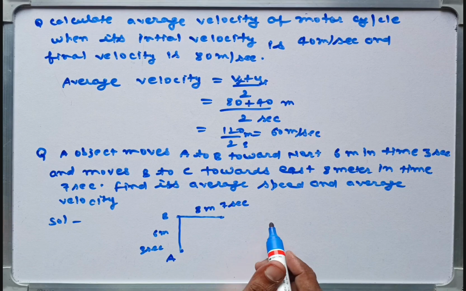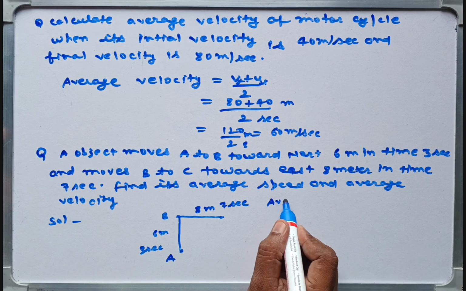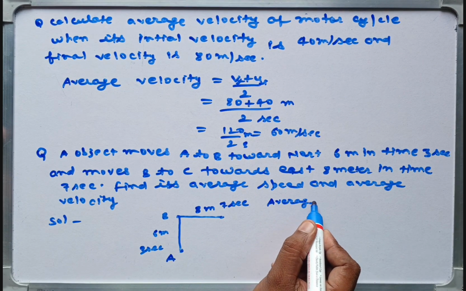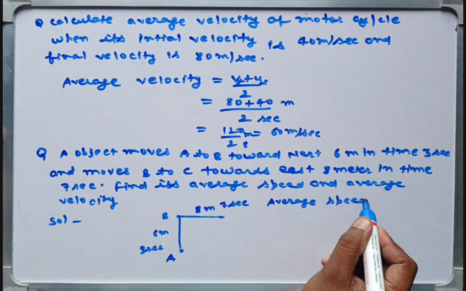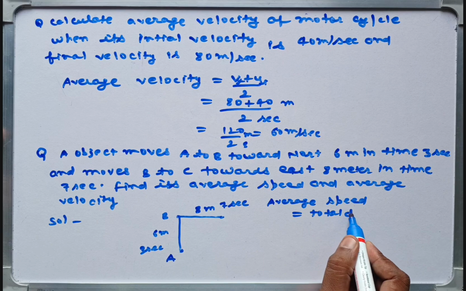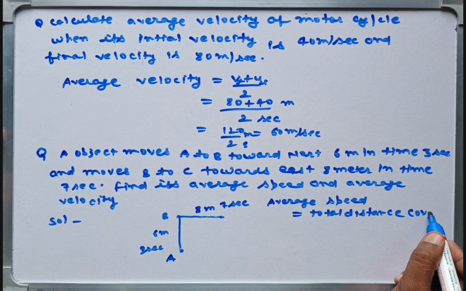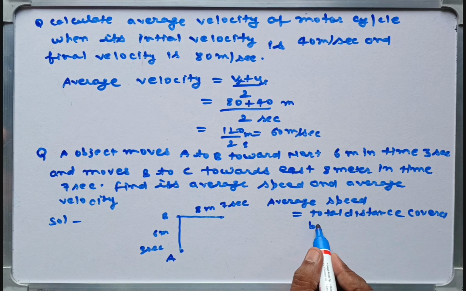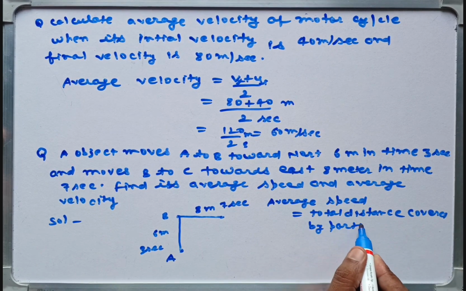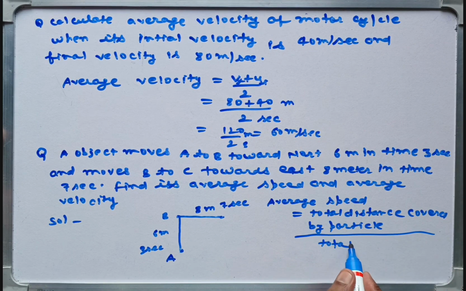So for the average speed, it is equal to total distance covered by particle by total time elapsed.